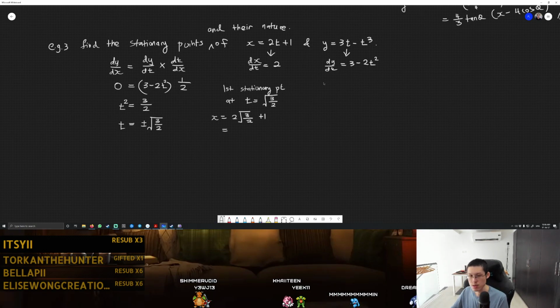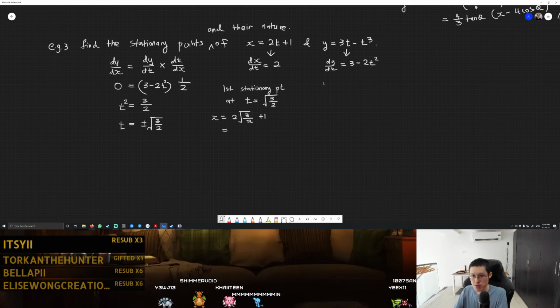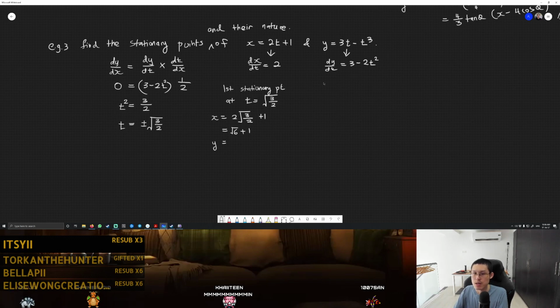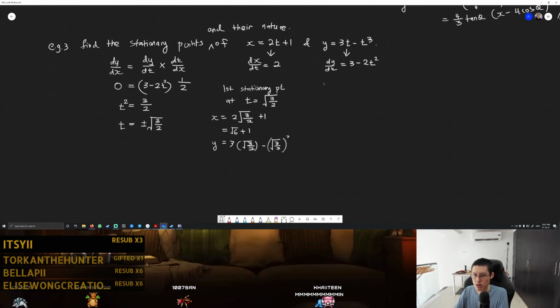So putting that into the calculator, we get root 6 plus 1. And your y coordinate is going to be 3 times root 3 over 2 minus root 3 over 2, and the whole thing is cubed. Okay.